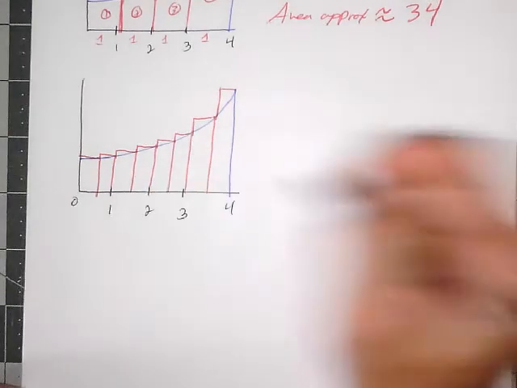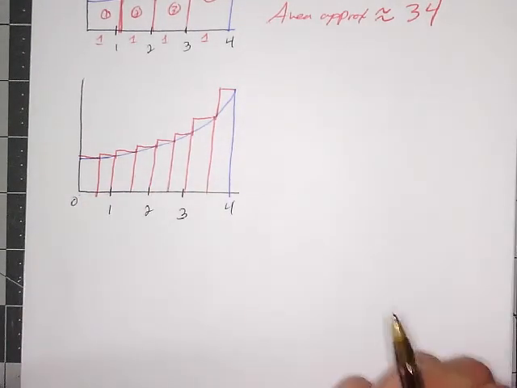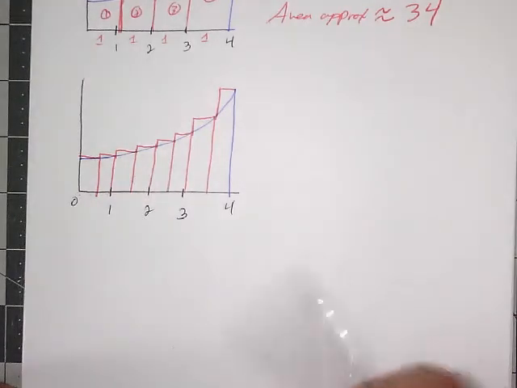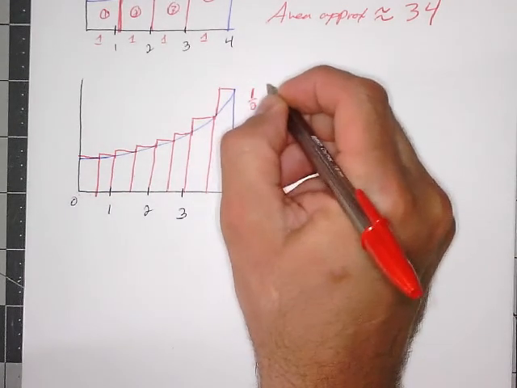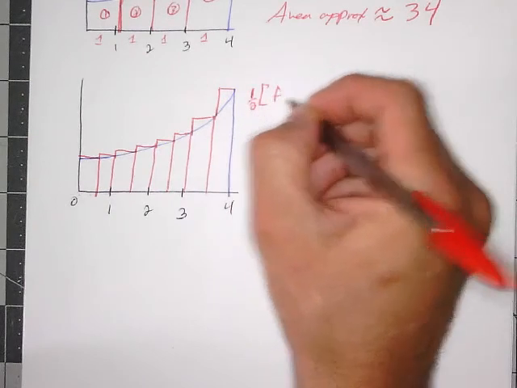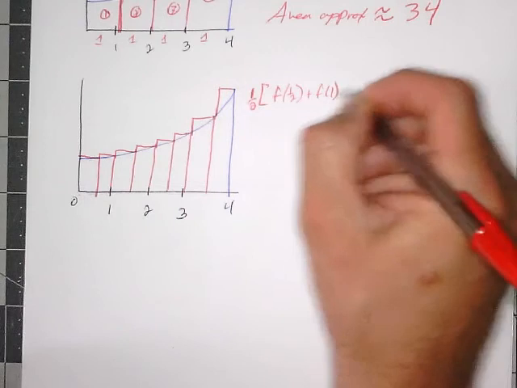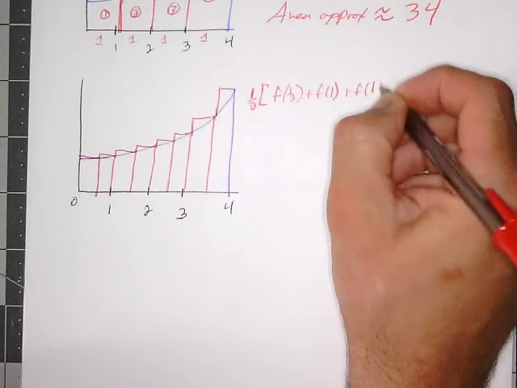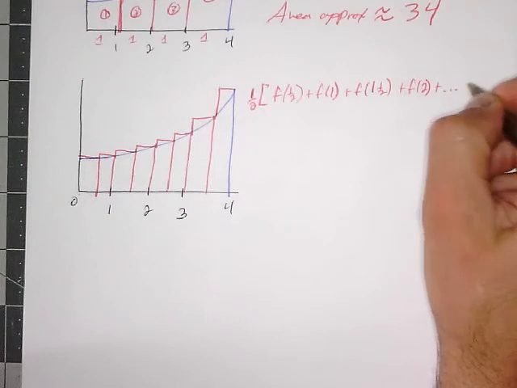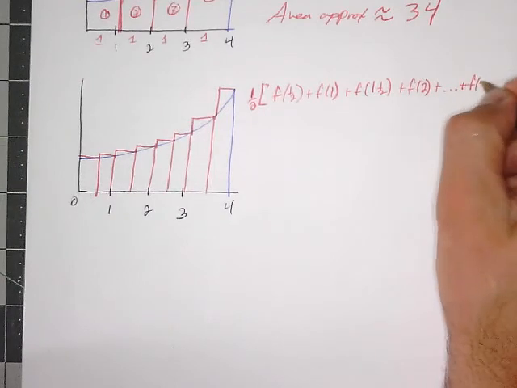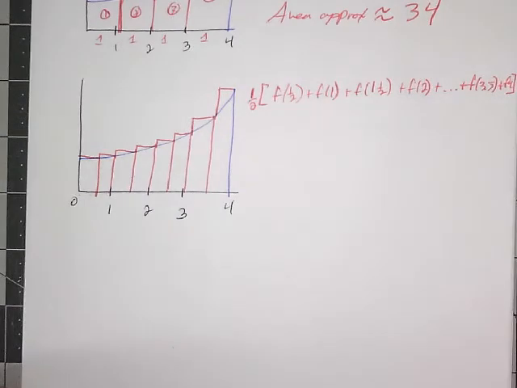So each of these has a base of 1/2. The distance from here to here is 1/2, there to there is 1/2, there to there is 1/2. However, their heights are based upon the function again. So we're going to do 1/2 times f of a half plus f of 1, f of 1 and 1/2, f of 2 plus f of 3.5, f of 4.